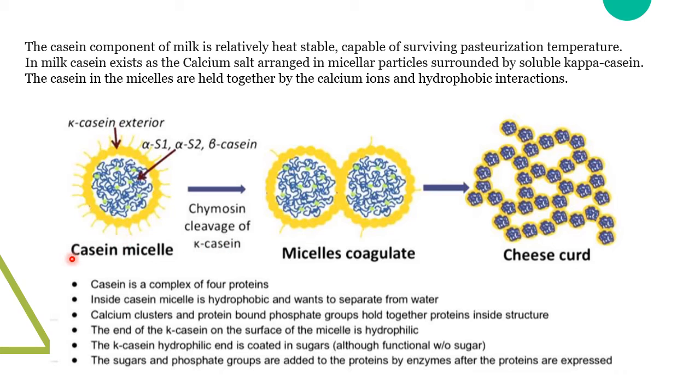Yeah, this is the diagram where you can see casein micelles explained. The casein component of milk is relatively heat stable. It is capable of surviving pasteurization temperature. In milk, casein exists as a calcium salt arranged in micellar particles surrounded by soluble kappa casein.